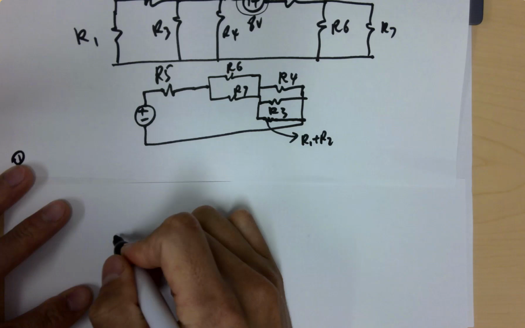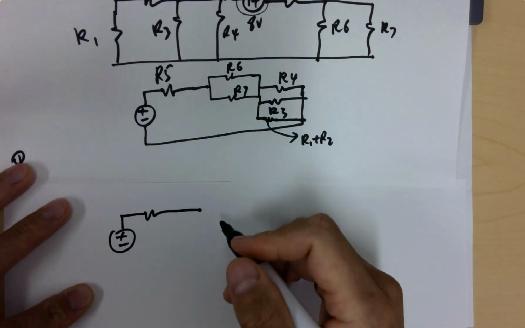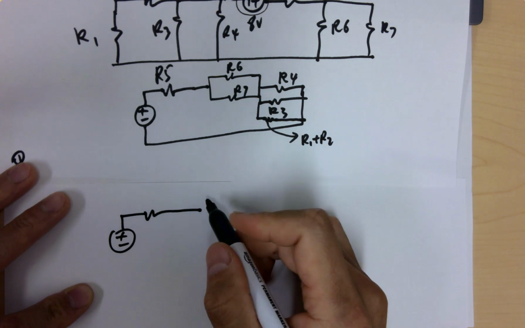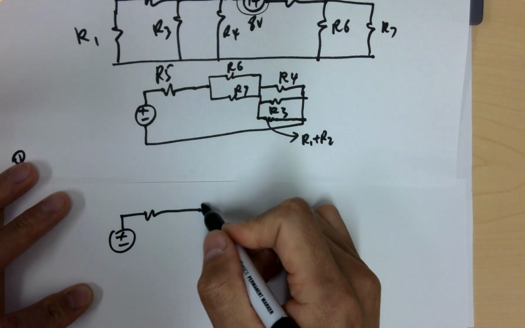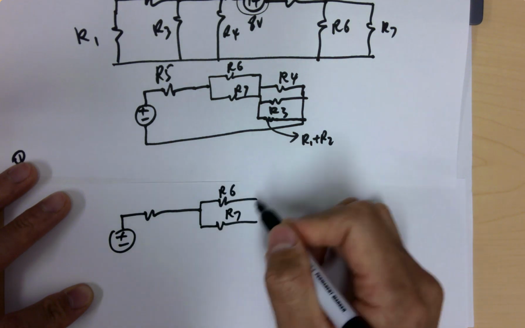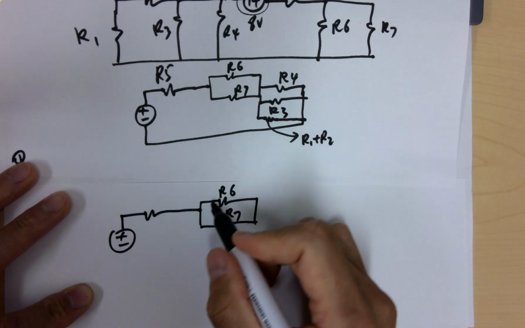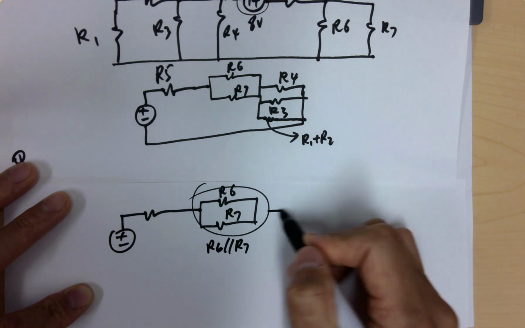Just to draw it in a nicer way, R5, right? Just keep using the same structure. R6, R7 in parallel, so you can combine these two into one resistor, which is R6 in parallel with R7.